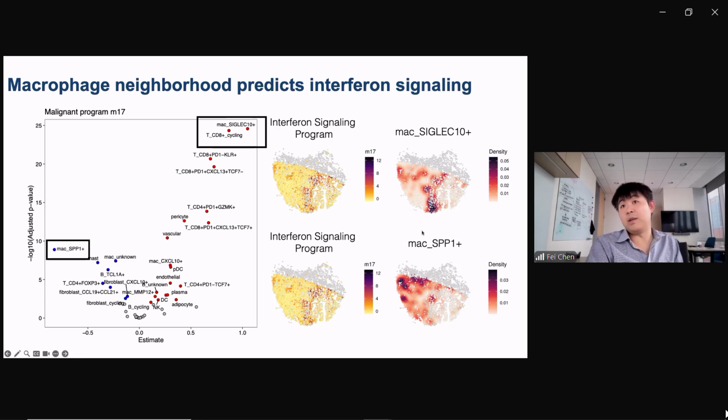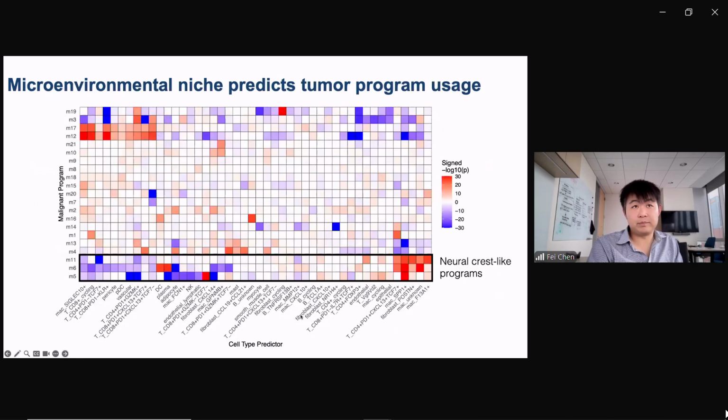There's this other SPP1 macrophage, which I'll get to in a second, which is anti-correlated with this interferon response signaling program. On the bottom here, this other block is anti-correlated with this interferon response, and these are all these neurocrest dedifferentiation programs. They deplete these reactive T cells, and they're highly enriched in MAC SPP1, the suppressive macrophage population, as well as this fibroblast post-N population.